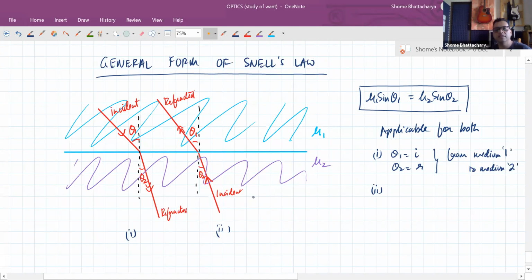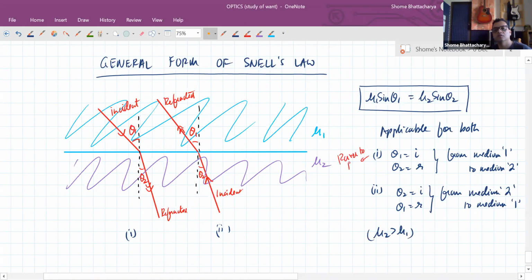In the second case, theta 2 is the angle of incidence, theta 1 is the angle of refraction, and the refraction is happening from medium 2 to medium 1. And you can see here that mu2 is greater than mu1. So this is a case of rarer to denser. In my diagram you can see, and this is a case of denser to rarer.